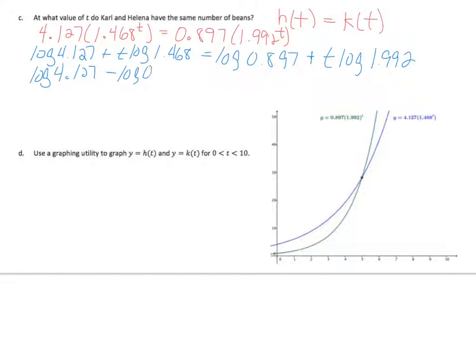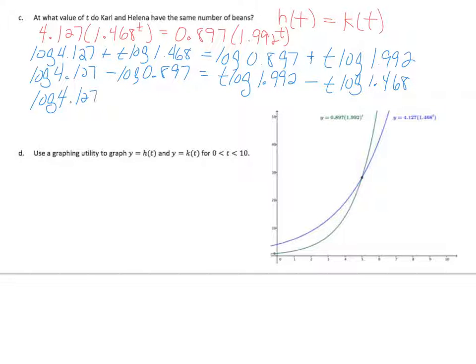Minus log 0.897 equals t log of 1.992 minus t log 1.468. Now I have a common factor on the right, so I'm going to factor out a t and divide what's left over on the other side. So I'm going to skip a step. I'm dividing by everything on the right.